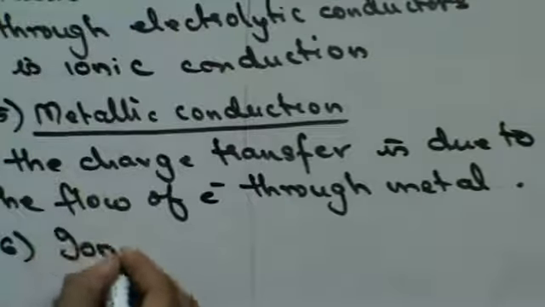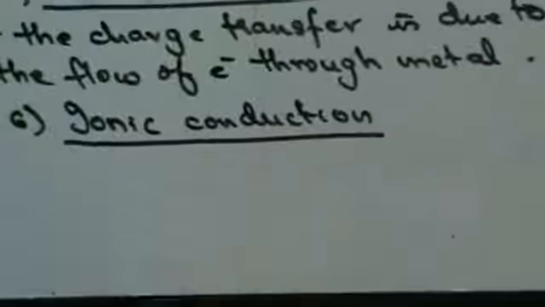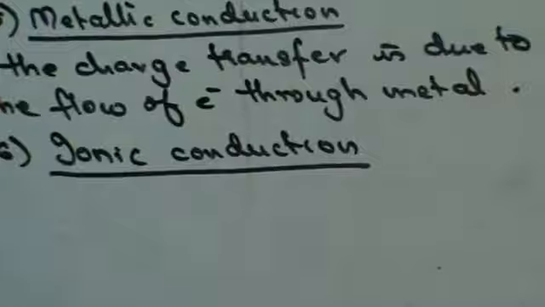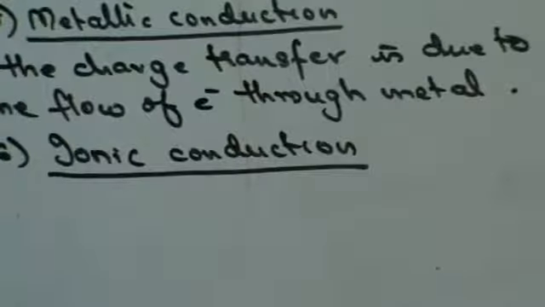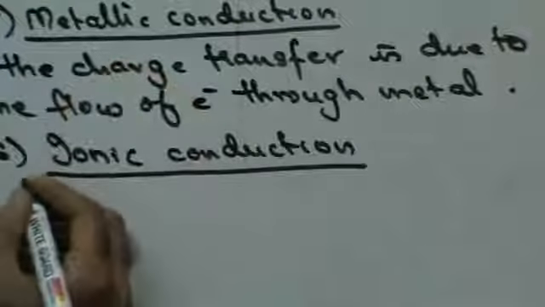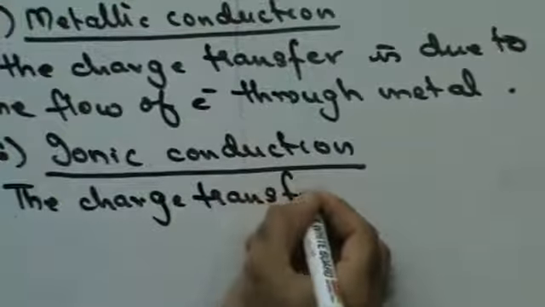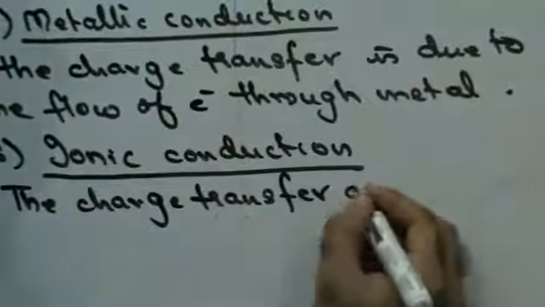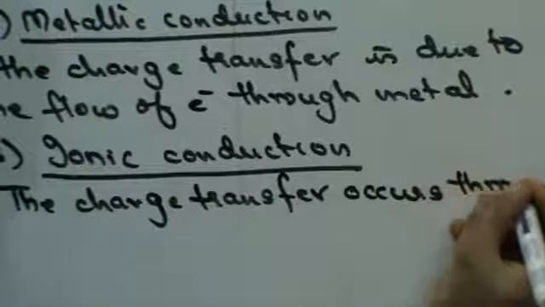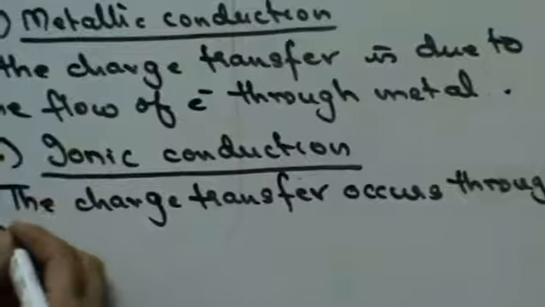Next, what is ionic conduction? When the charge transfer occurs through a molten or aqueous solution, that is called ionic conduction. That means here the charge transfer takes place due to cations and anions, right?